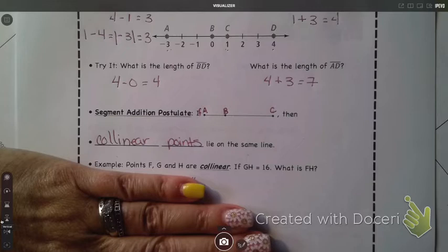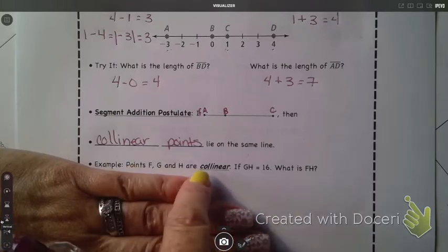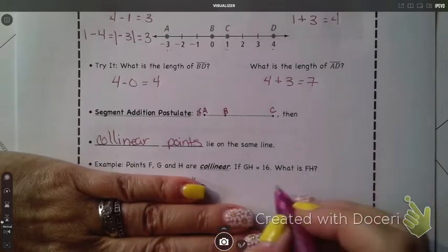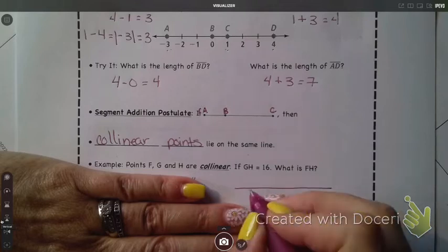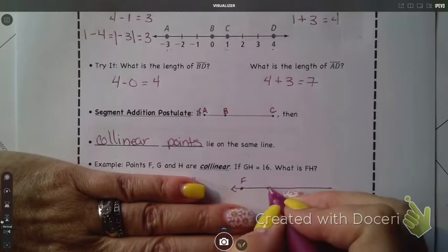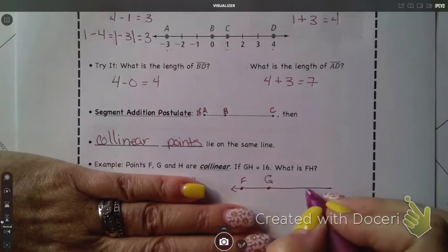Sometimes it will say the points F, G, H lie on the same line and H is between. Okay, so if it doesn't say anybody's between anything, you put them in the order they're printed. Make sense? So they're collinear, so I'm drawing a line that says F, G, H.